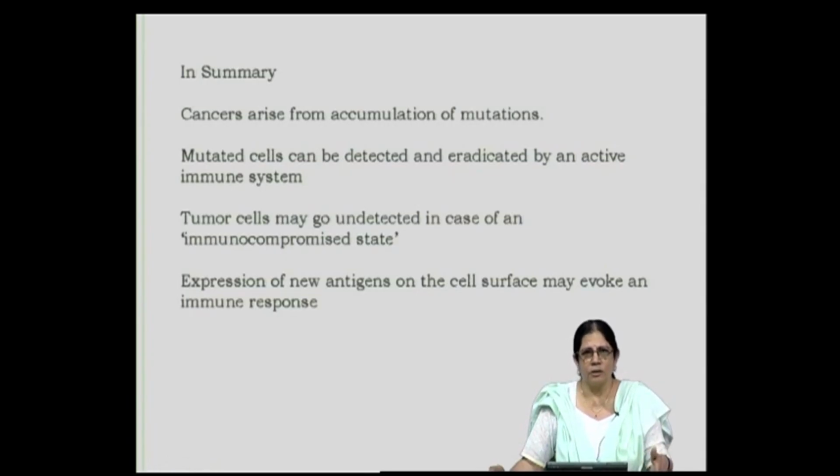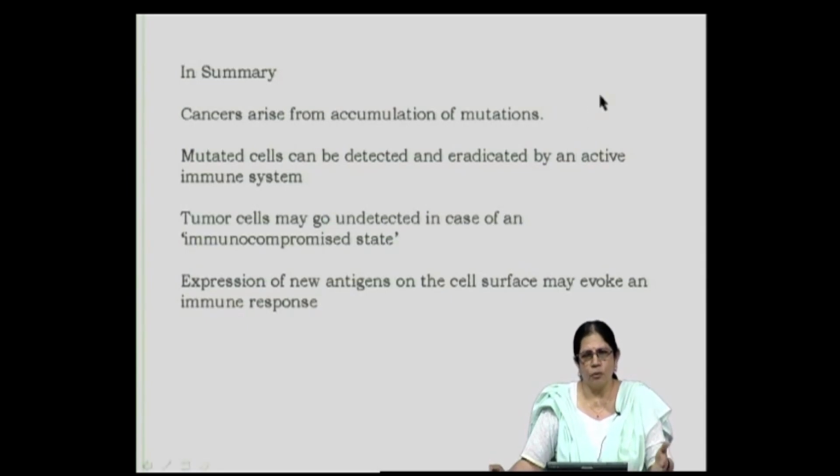All of us are exposed to all types of mutations, especially from the environment. We have so many carcinogens which are present. You all must have heard of carcinogens which come from the emission of vehicles.